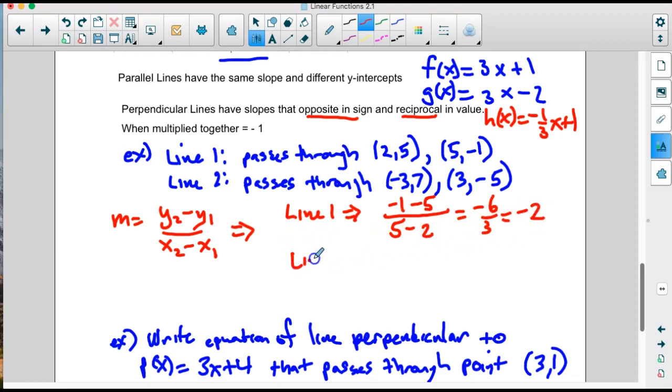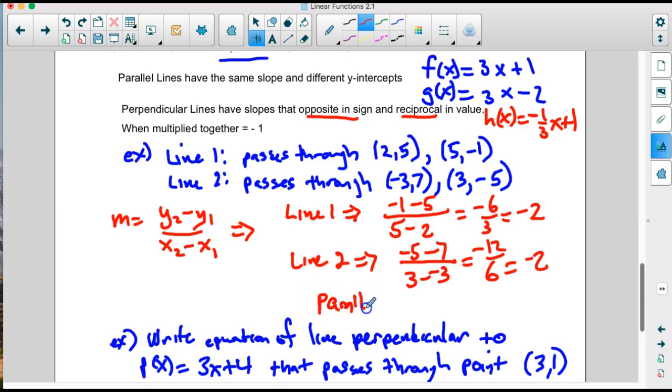Line 2 is going to be -5 minus 7 over 3 minus -3. So that's going to be -12 divided by +6. So that's also going to be -2. So these are parallel because they're the same value.